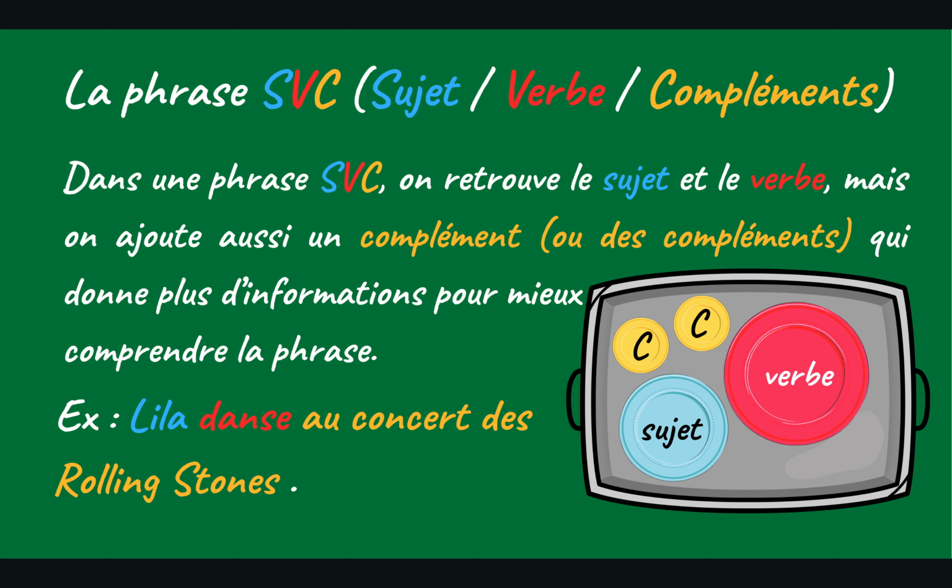And I can put more complément to give more information. It depends totally on the person who's writing the sentence to make it more or less meaningful. Okay, so that's about the phrase SVC, the SVC sentence.